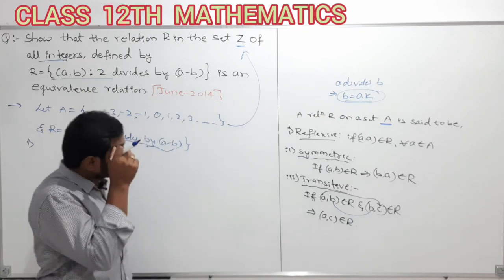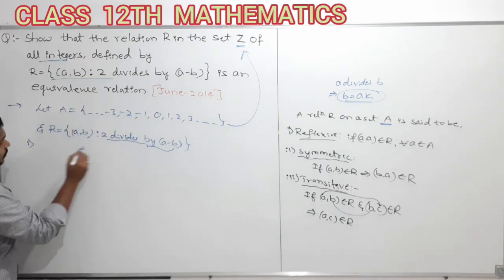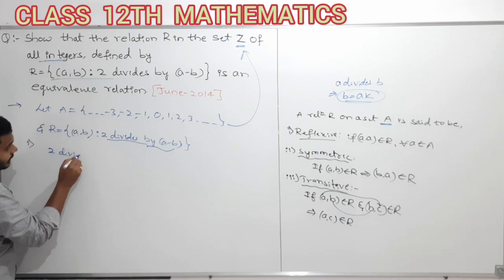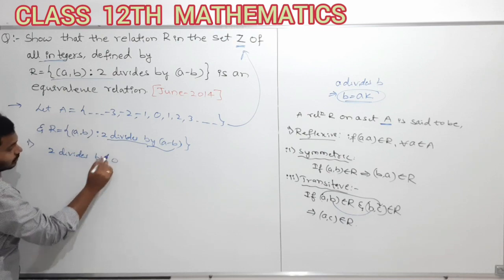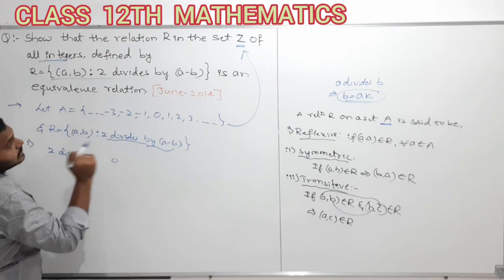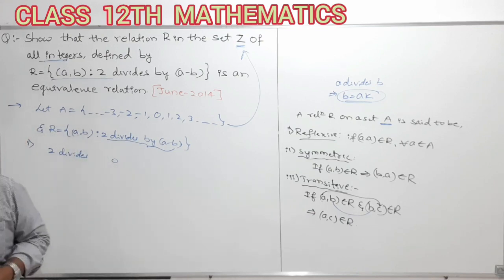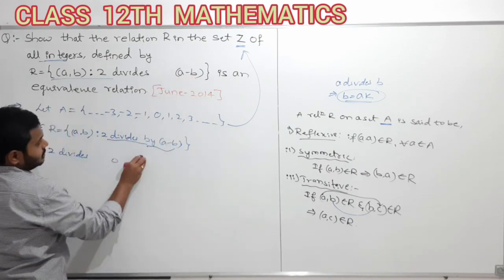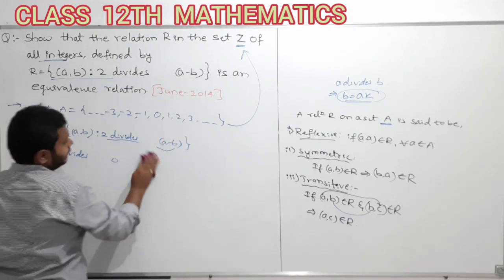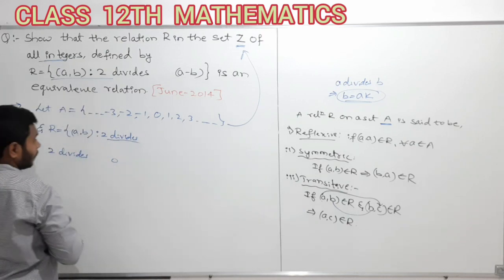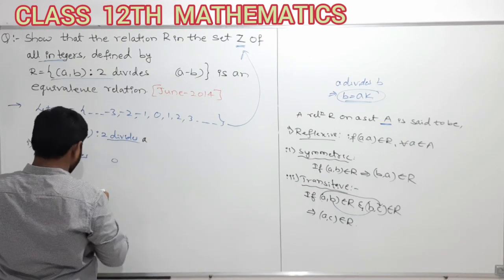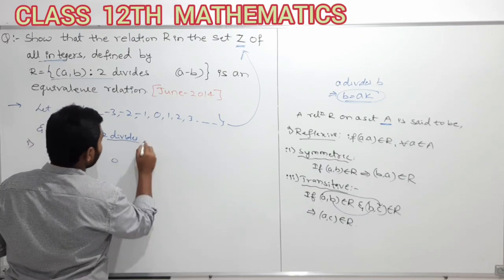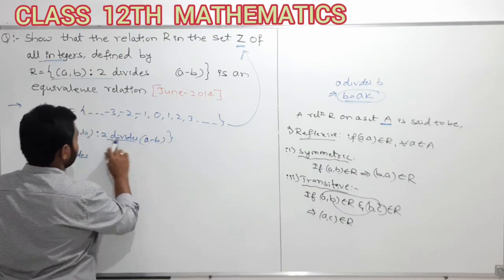So, my dear students, we know that 2 divides 0. Can I write that? Please remember, make it as 2 divides A minus B. Clear?